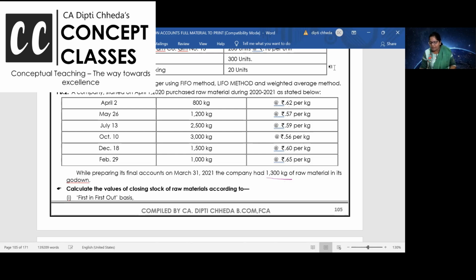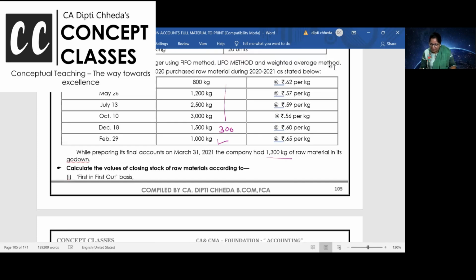First in, so whatever has come first is gone out. So this 1000 kg will be there, and out of this 1500, 300 kg will be there. Are you comfortable analyzing like this?